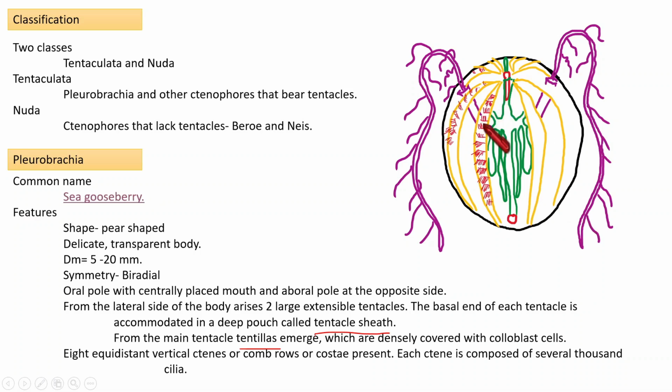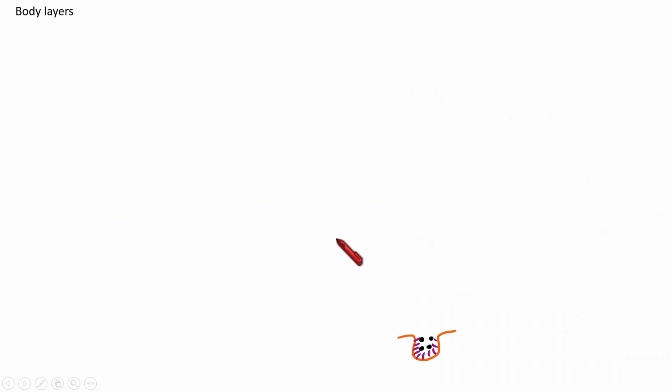You can see the ciliary plates arranged in this way throughout its body, and because of the beating of these cilia, this organism is moving. Eight equidistant vertical teens: 1, 2, 3, 4, 5, 6, 7, 8. It contains transverse rows of cilia in the form of a comb. That is why these organisms are known as comb jellies. Each teen is composed of several thousands of cilia.